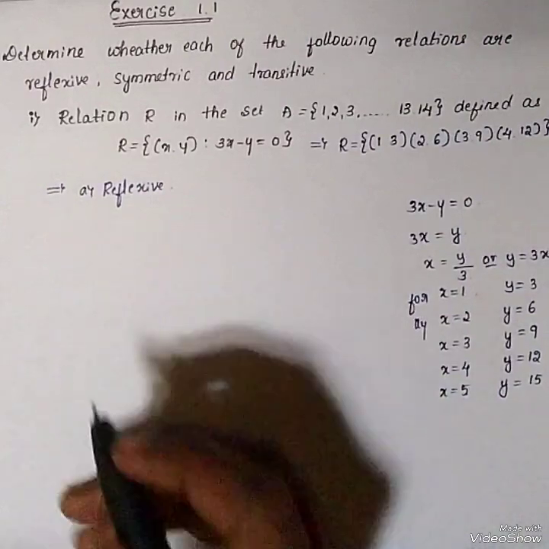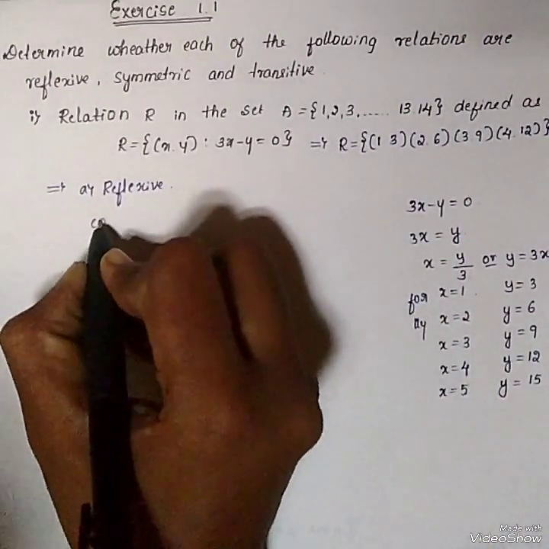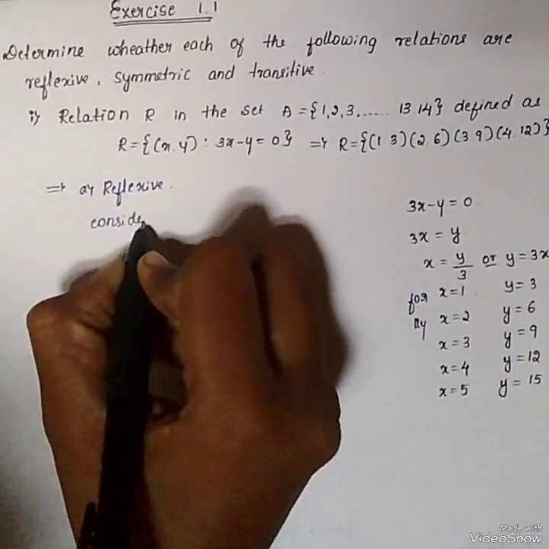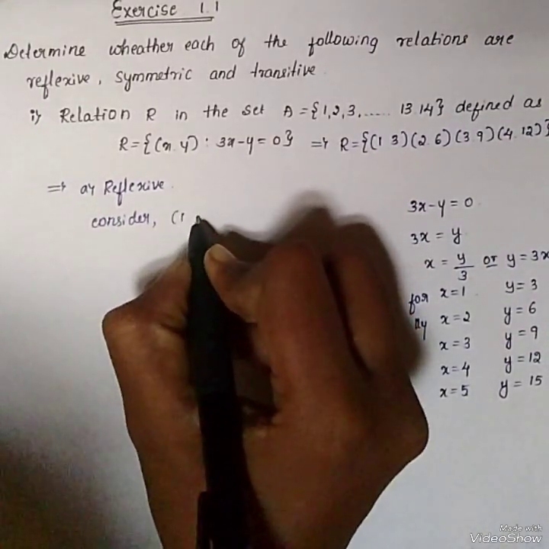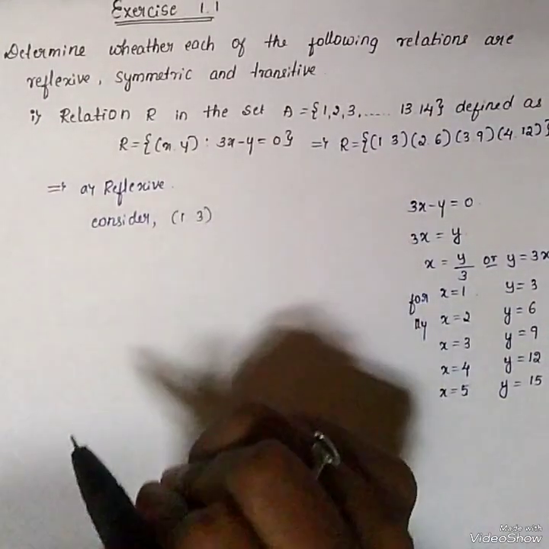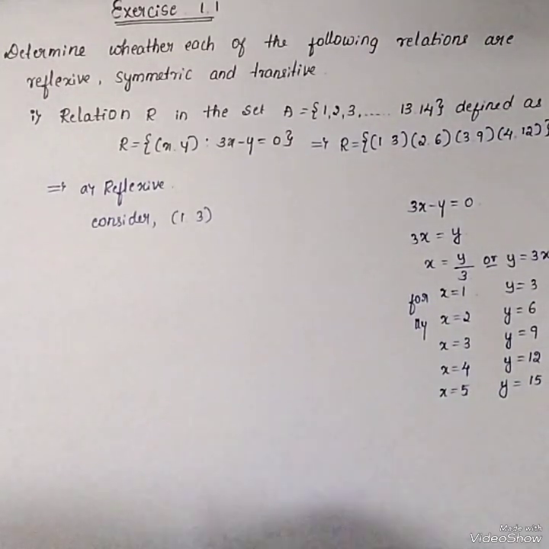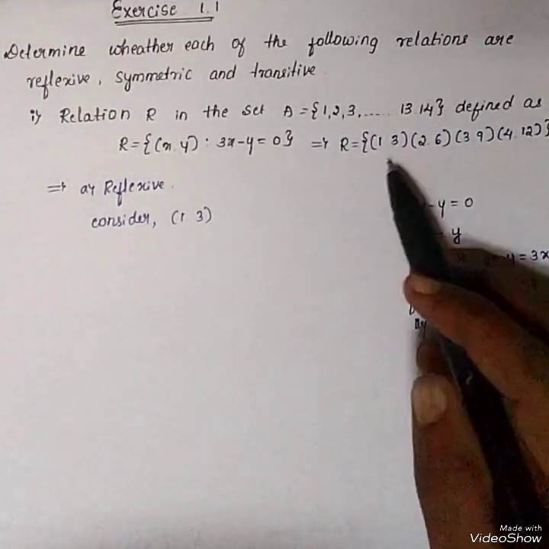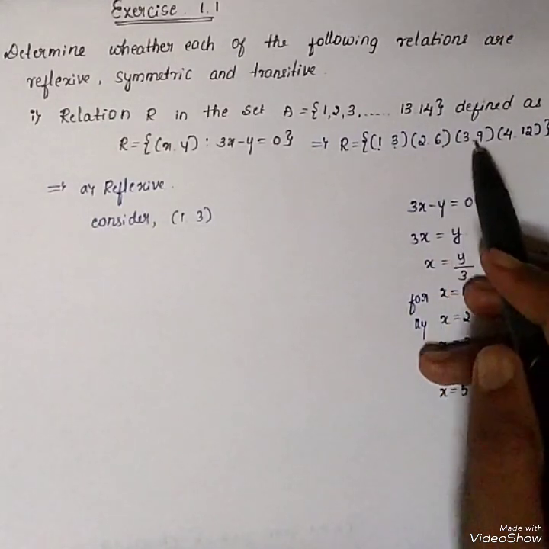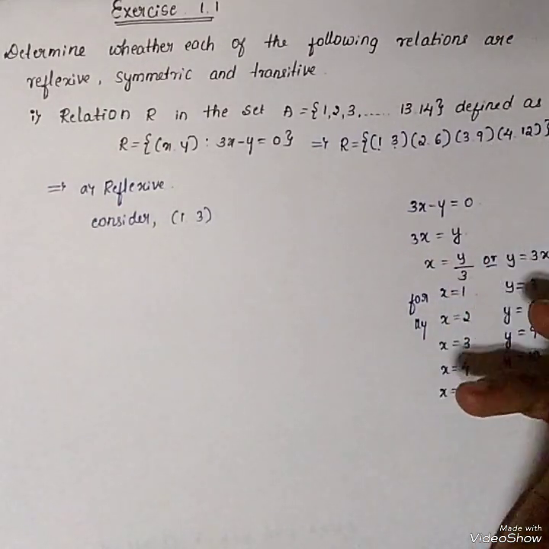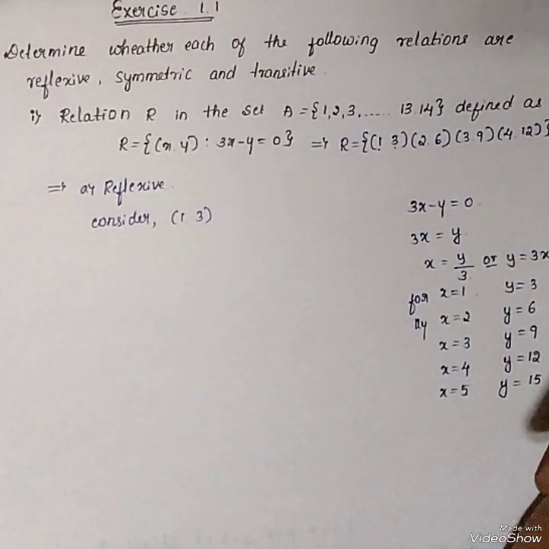For reflexive, the condition requires (1, 1), but (1, 1) is not there, (2, 2) not there, (3, 3), (4, 4) do not exist in the relation.